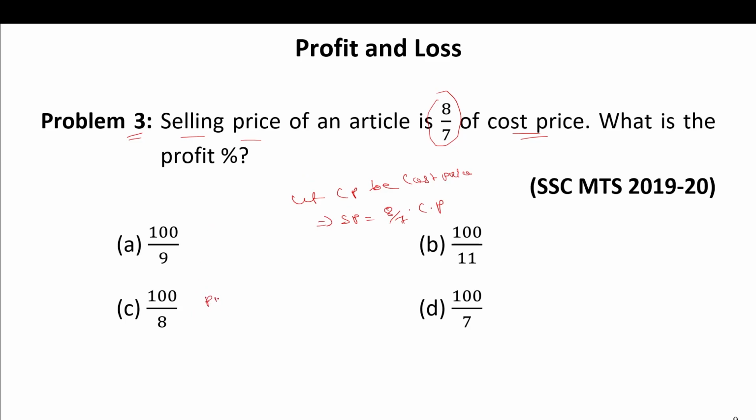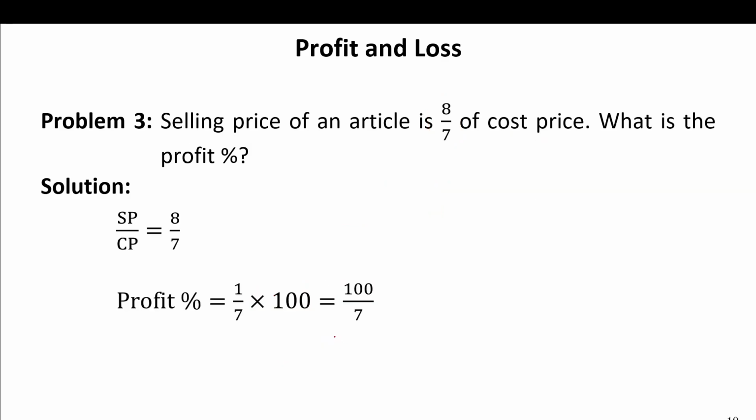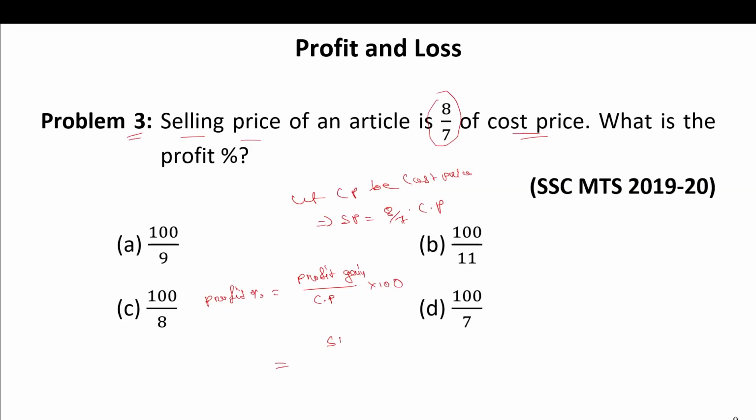So we know that profit percentage is equal to profit gain by CP into 100, right? So profit gain is equal to what? Selling price, so it is SP minus CP, right? SP minus CP by CP into 100.